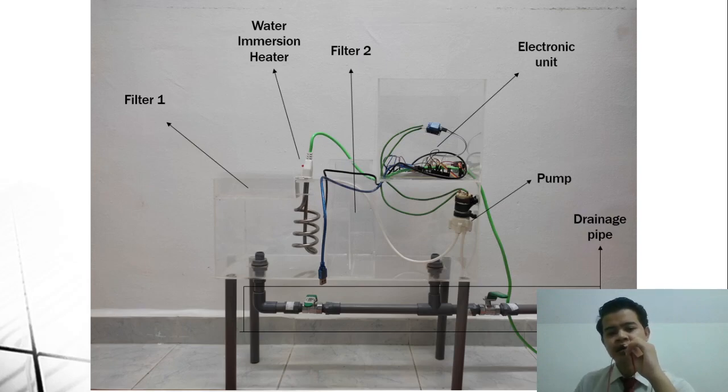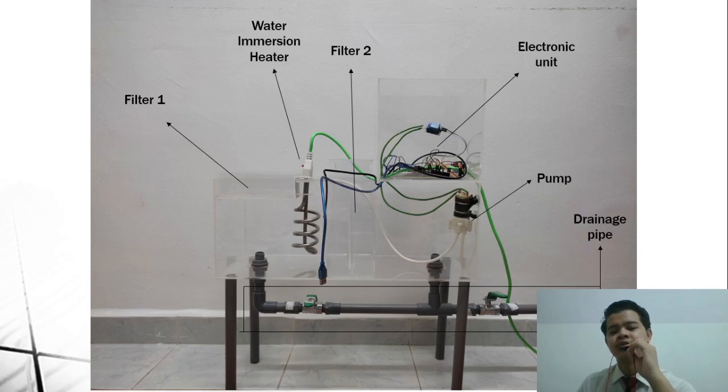As you can see from this figure, there are two filters, filter 1 and filter 2. Filter 1 is the first process to filter out particles in the water, not molecular particles, maybe something like dust particles.